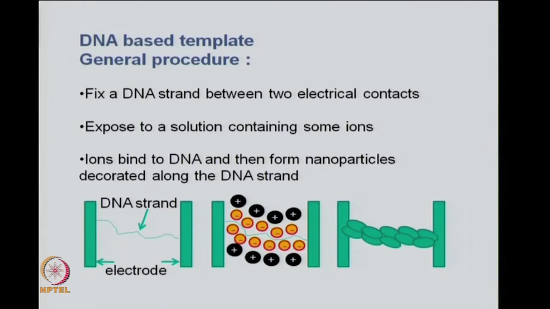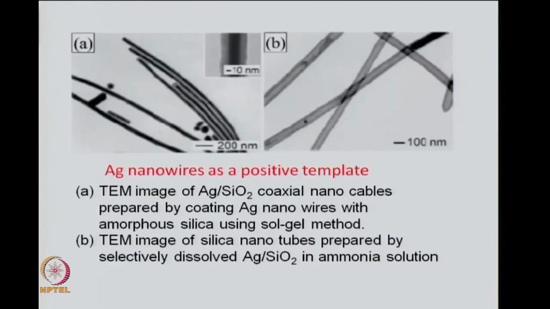By considering the DNA strand as a positive template, you are growing nanoparticles around it in the presence of some electrical potential. So, you have an electrochemical potential here, and this is a positive template based electrochemical synthesis.